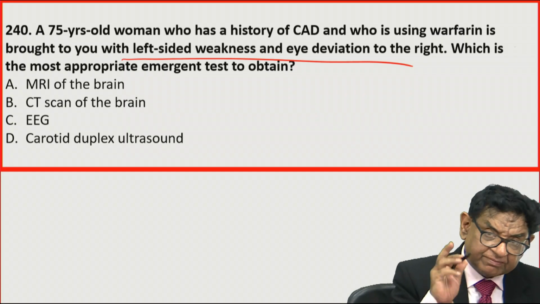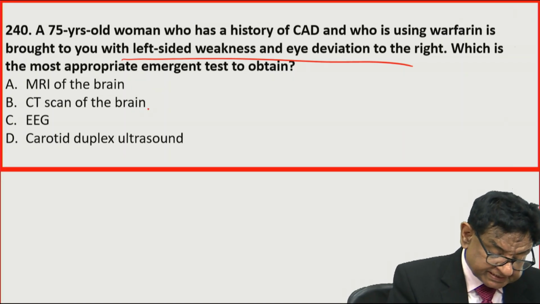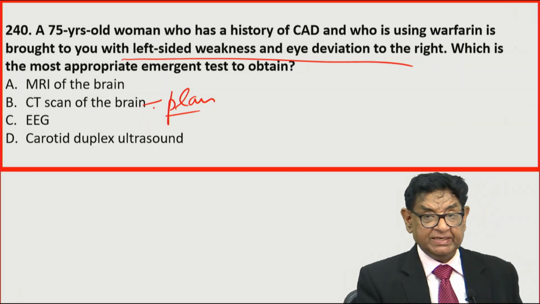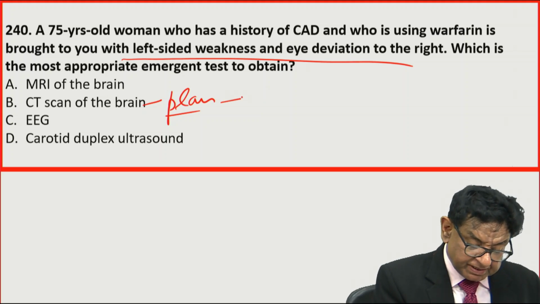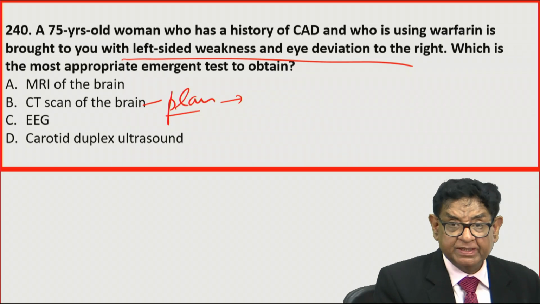And in any case of stroke, the first investigation is always CT scan of the brain. It is always plain CT. Why plain CT? Because the best way to pick up acute bleed is by plain CT scan.